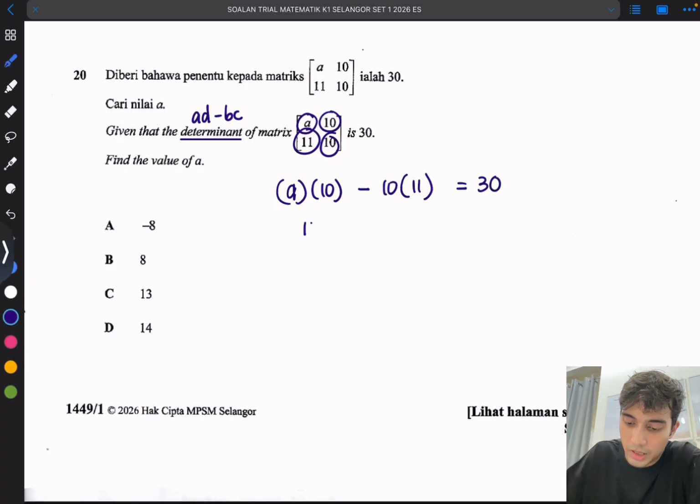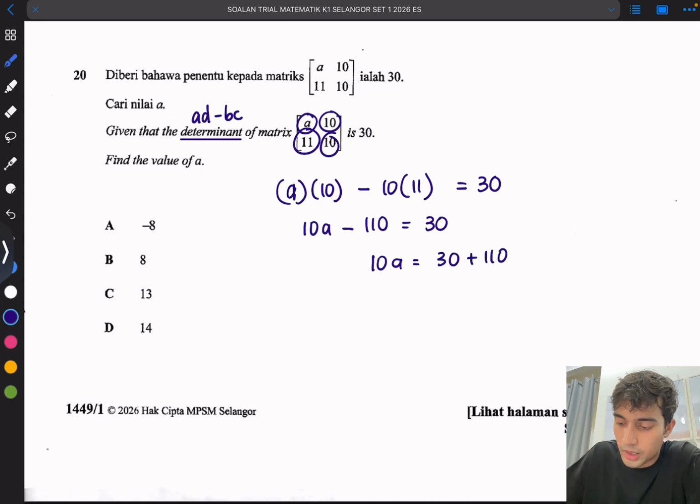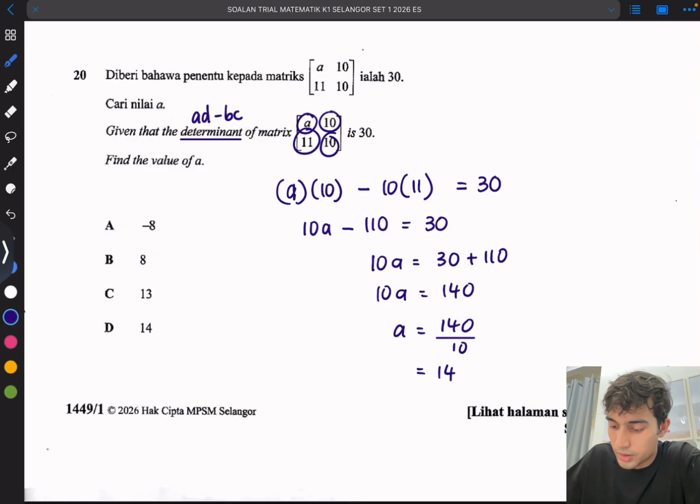So 10 times A is 10A, 10 times 11 is 110. 10A is 30 plus 110, 140. So A will be 140 over 10, 14.